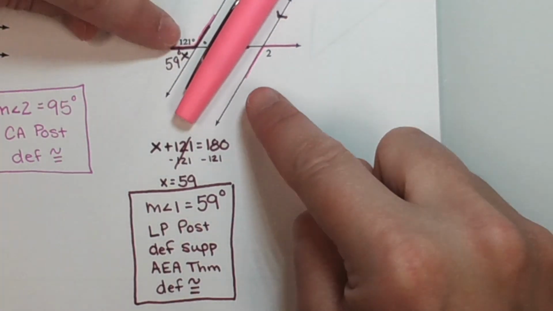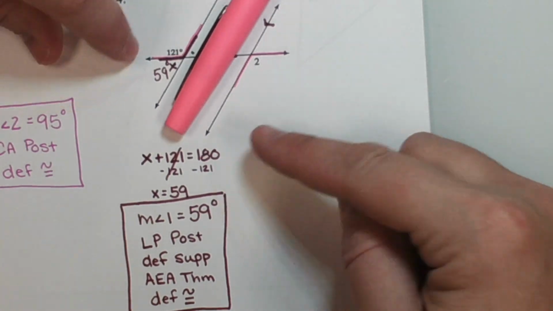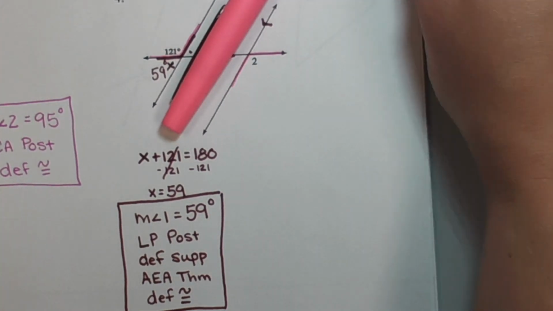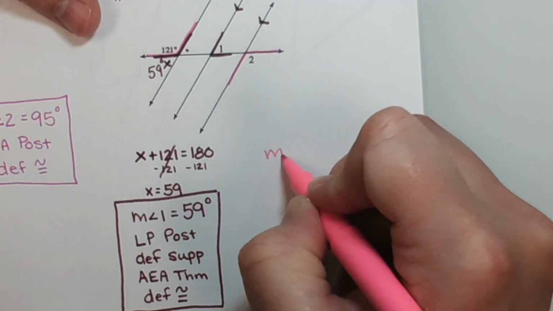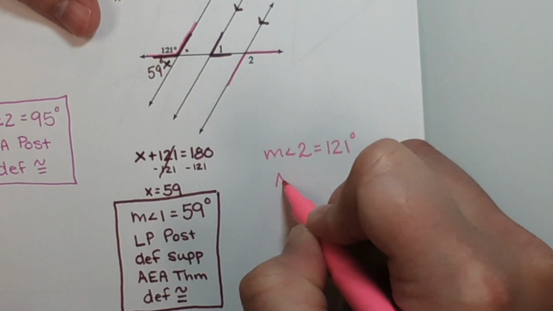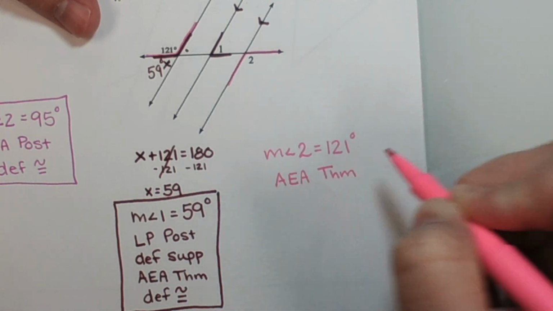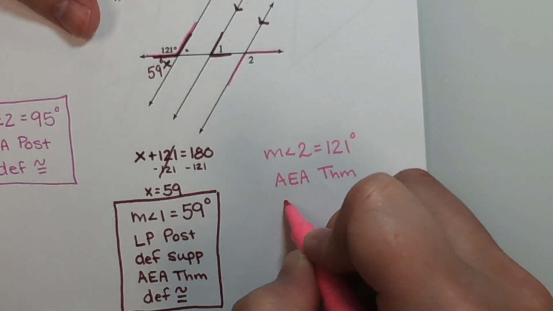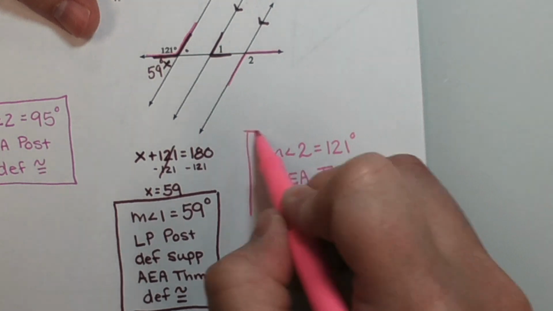So I ignore it. And they're outside of these two lines being cut. So they're alternate exterior angles, and therefore they are congruent. Measure of angle 2 is equal to the 121 degrees. They were alternate exterior angles. We used the alternate exterior angle theorem, which said they were congruent. And since it said they were congruent, we used the definition of congruent.